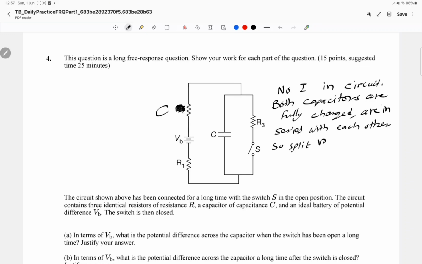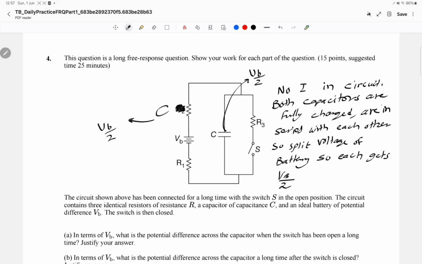Split the voltage of the battery, so each gets VB over 2. Okay, this one gets VB over 2. This one here gets VB over 2, and if you add them, you will get VB of the battery.